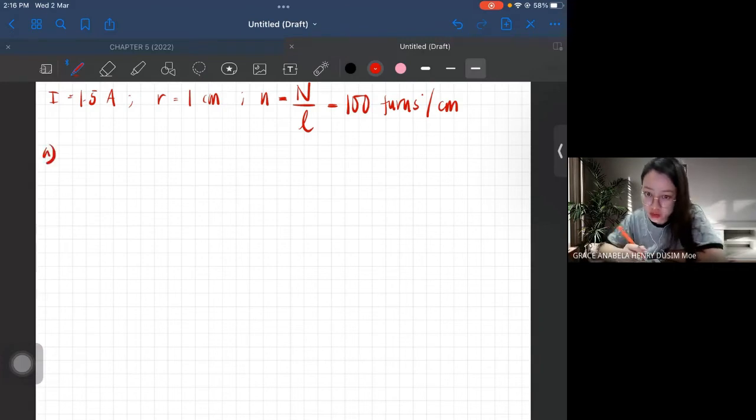So question A, we have to calculate the self-inductance per unit length, which is L over small l.